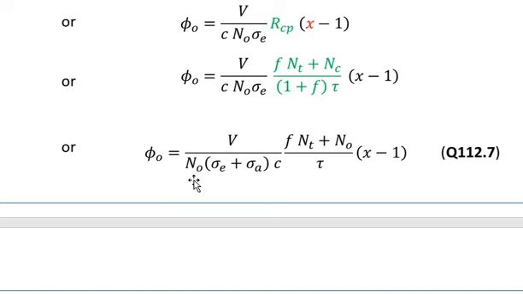Here we are using the value of F, which is sigma A over sigma E. In the last step we replace F by its value and rearrange the terms, and we finally get phi naught equal to capital V over N naught into sigma E plus sigma A multiplied by C, and then the term F into NT plus N naught over tau, and then another term X minus 1. So this will give you the steady state value of the photons in the cavity.